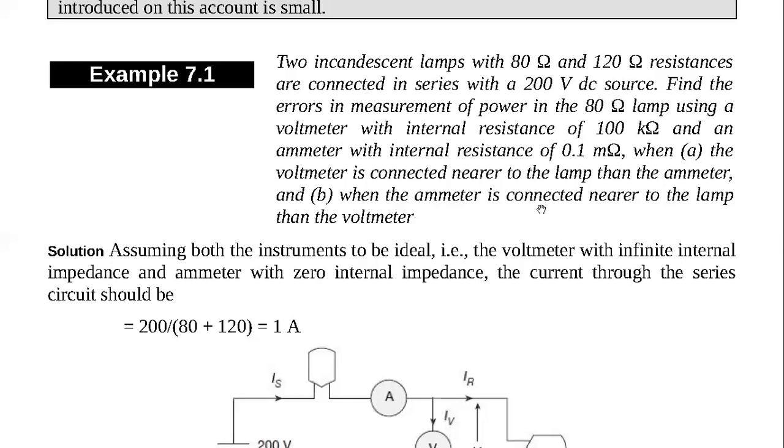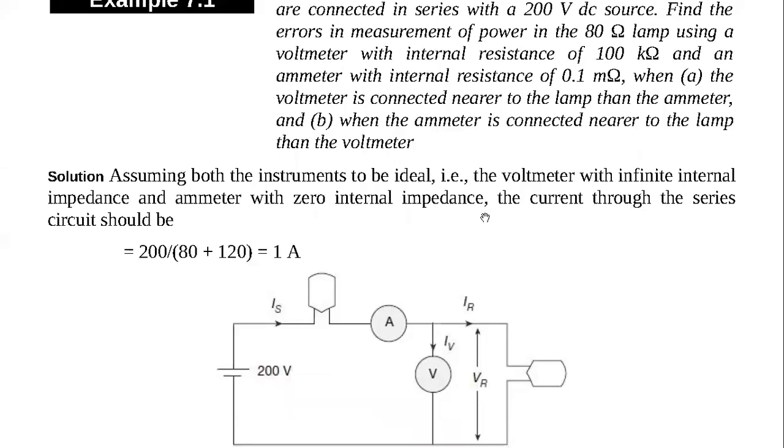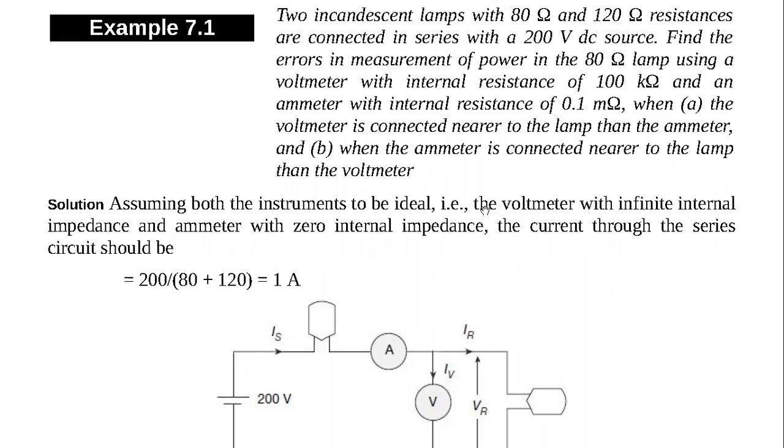Let us look at the solution. It's already worked out here, and we're going to go through it step by step. I hope that as we go through it, you're going to be taking notes and copying the correct working. So we have two arrangements. We have two lamps with resistances of 80 and 120 ohms, a voltmeter with an internal resistance of 100 kilo ohm, and an ammeter with an internal resistance of 0.1 mega ohm.